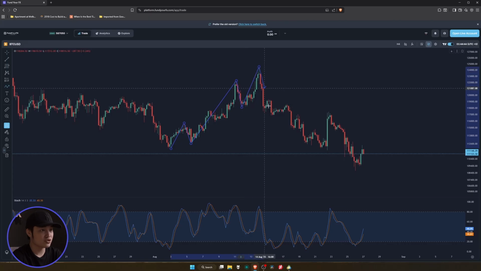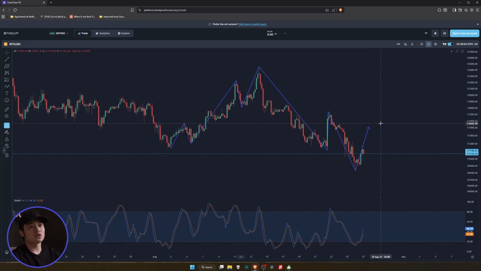Okay, the change of character has happened. Let's choose this one, the major movement. This small one is minor. And then the break of structure has happened.